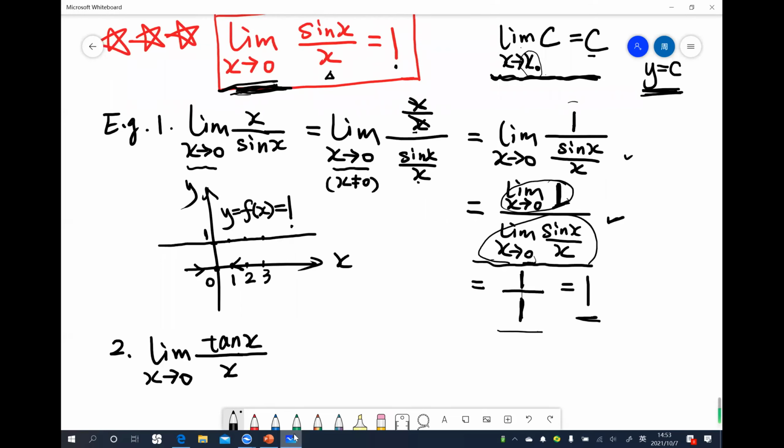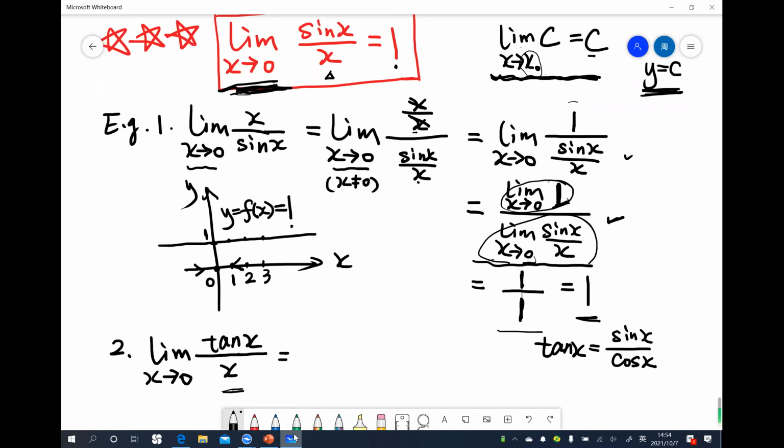So you have to find sine x by x in the given function. Here we can think that tangent x equals what? Remember, sine divided by cosine, that equals sine x by cosine x.